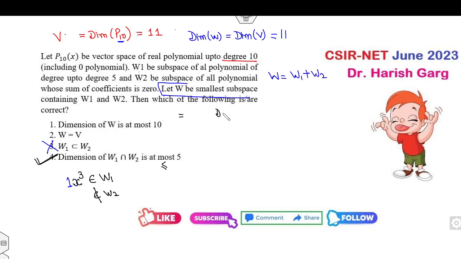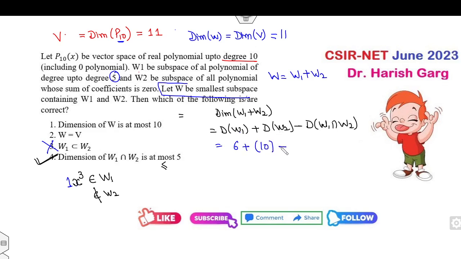Fine. Now how you can find the dimension of the sum? It will be dimension of W1 plus dimension of W2 minus dimension of intersection. Now if you substitute the values, dimension of W1 is my 6, dimension of the W2 is 11 minus 1 is a 10, dimension of the intersection we obtained as 5, so that will be 11.